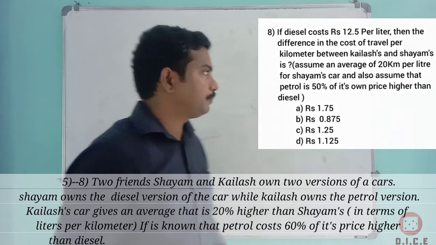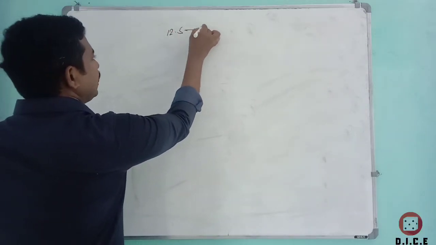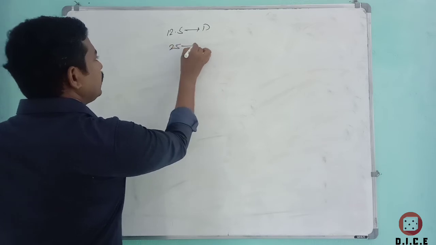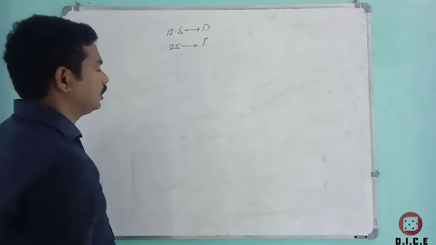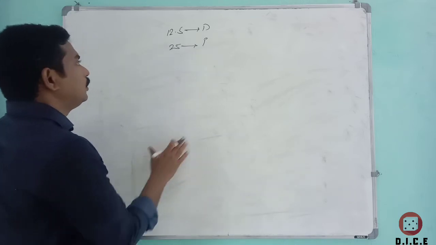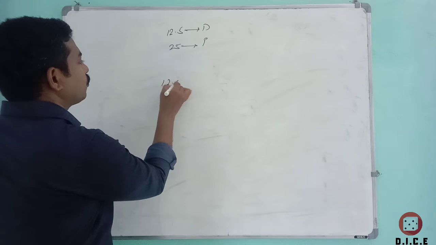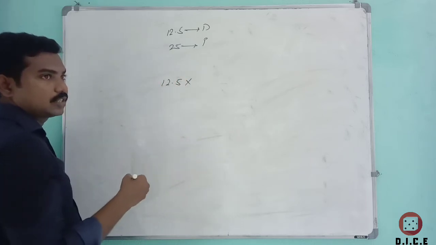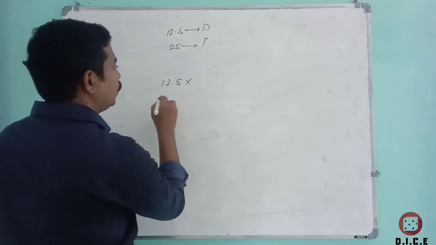If 12.5 is diesel, definitely 25 rupees should be the price of the petrol, because it is 50% more. Therefore, petrol is 12.5 into 20%, which is asking to consider as 20% of the average of Shyam.